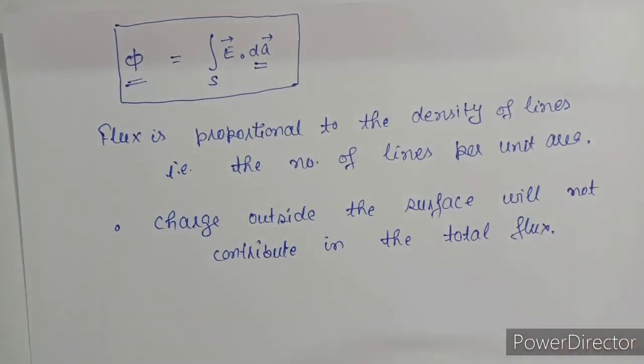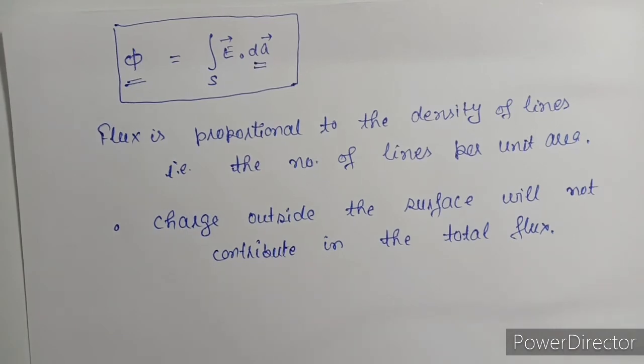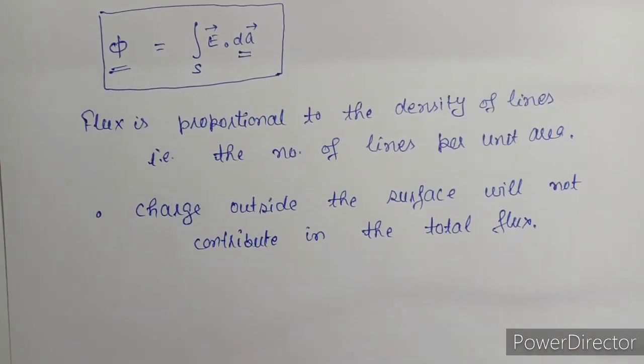Total flux depends upon the total charge present inside the closed surface. So if we have a charge outside the surface, then it will not contribute to the total flux.